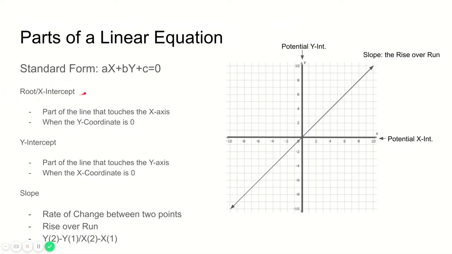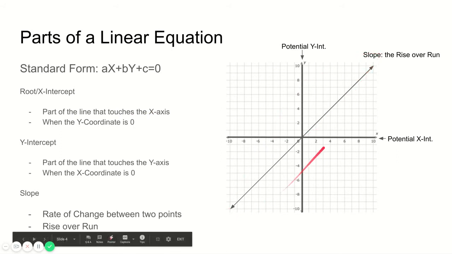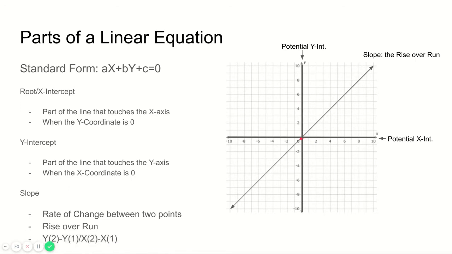So firstly, roots and x-intercepts. Well, it's basically just the part of the line that touches the x-axis, meaning if this was the line that we're dealing with, then the part that touches the x-axis would be here. And really, for any line, this entire x-axis are potential x-intercepts.